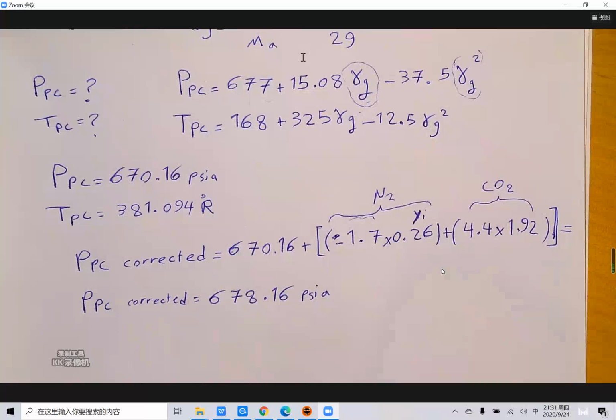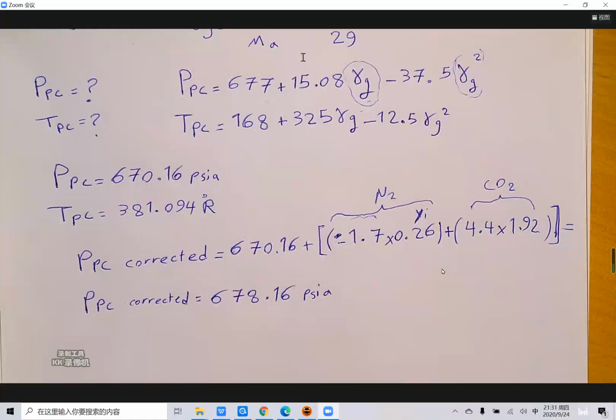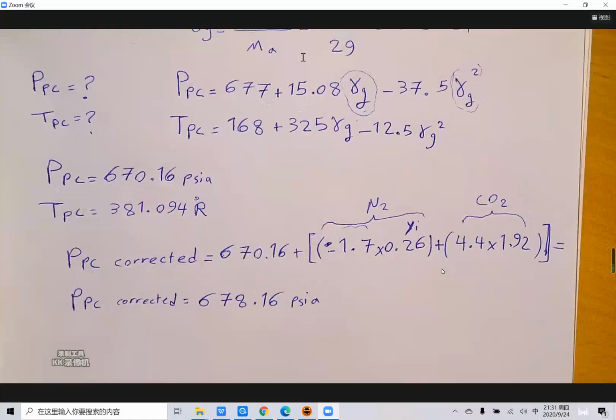In the table given in the problem, the values are percentages, still not divided by 100. Because the question gave us these corrections per mole percent, you have to convert to mole percent.